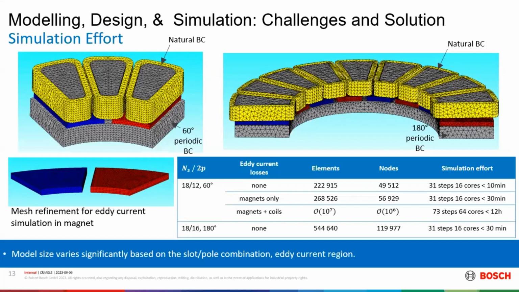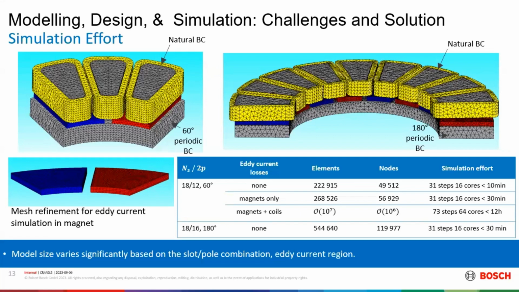But if you now want to simulate the eddy current within the magnet, firstly, you need to refine the mesh in the magnet. That means the number of elements increases a little bit to 270,000 mesh elements, but you will see that the simulation time is tripled.